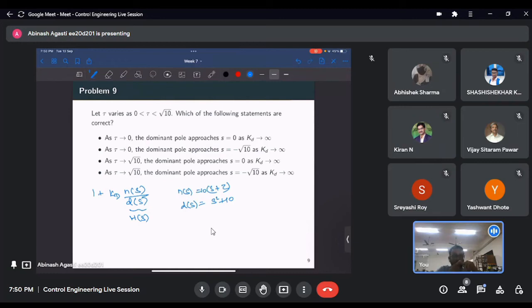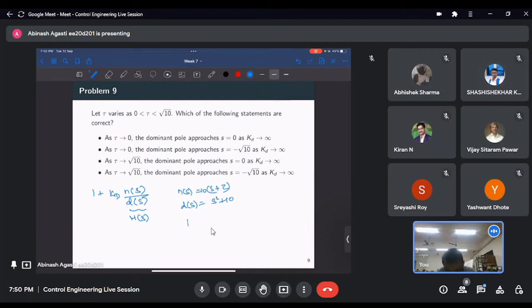So one pole will go asymptotically to infinity and the other pole will go to the zero. Okay, and since one pole has gone to the infinity, clearly the dominant pole will be the one that goes to the zero. Right.